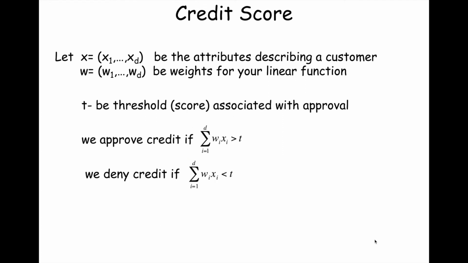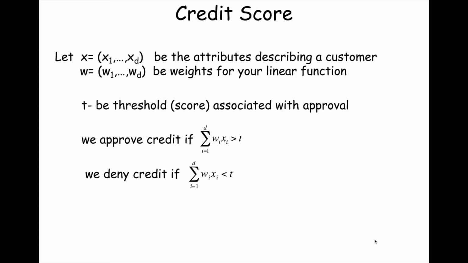We have our threshold, and we said if the weighted sum is greater than the threshold, you approve for credit. So how do we do that mathematically? Okay, well, we start at W1, we end at WD. We start at X1, we end at XD. So we say W1 times X1 plus W2 times X2. So in our summation, we take the sum for i goes from 1 to d, that dimensionality, and we're going to sum up each w, w1, w2, w3, with each feature, x1, x2, x3.